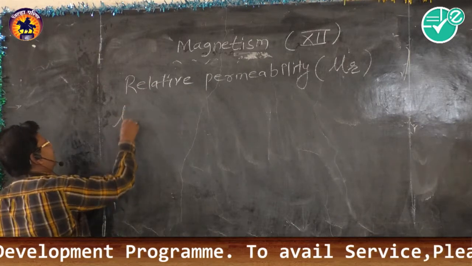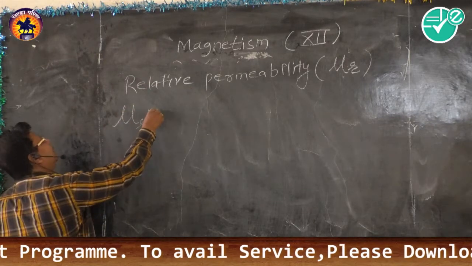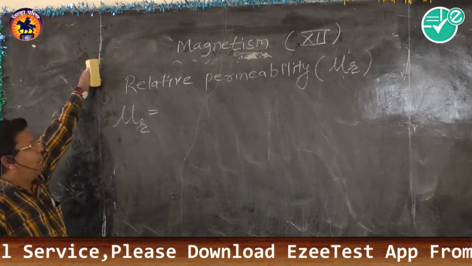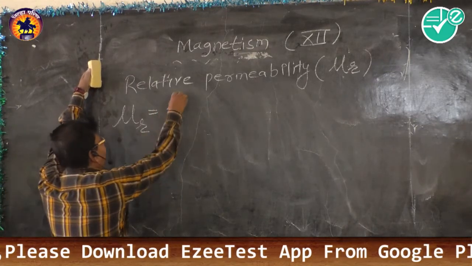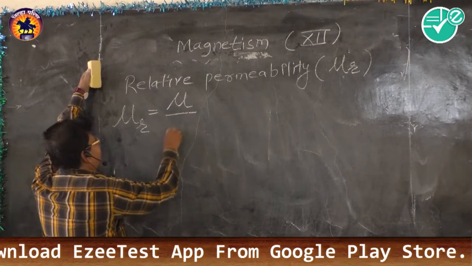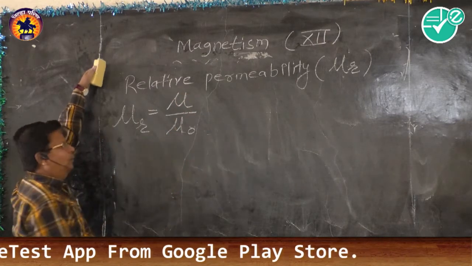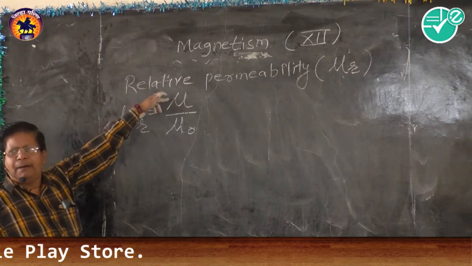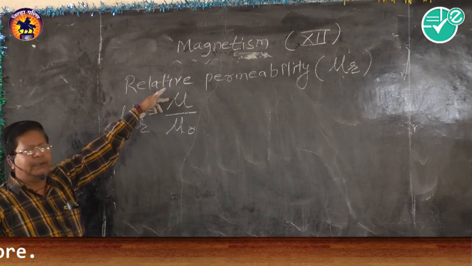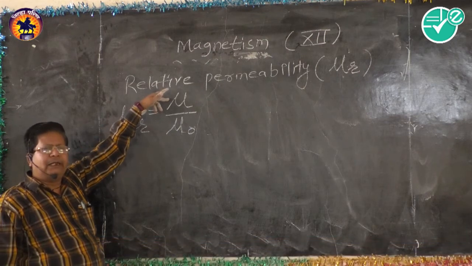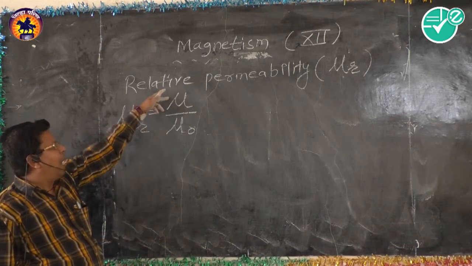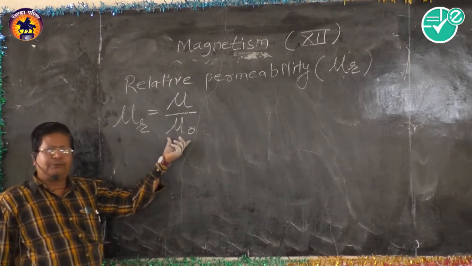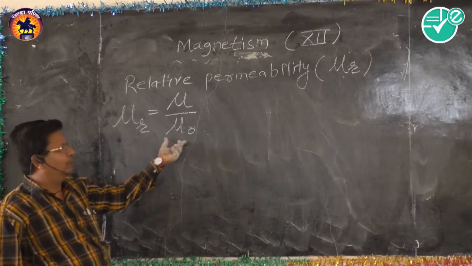So mu r is defined by the formula mu r is equal to mu divided by mu 0, where mu is the magnetic permeability of the material, and mu 0 is the permeability of free space or vacuum.